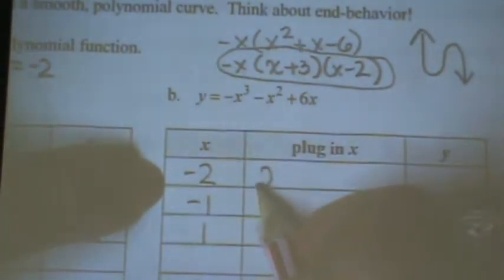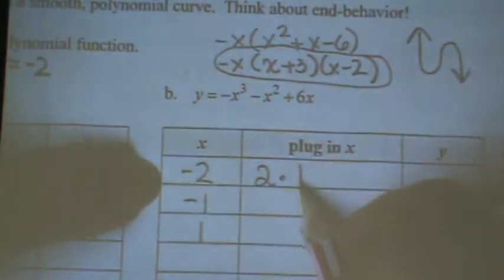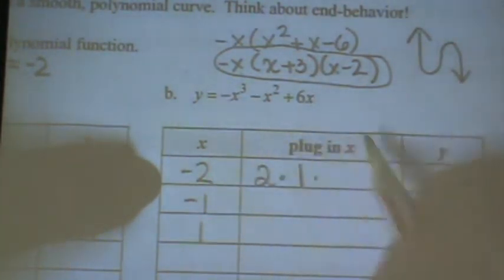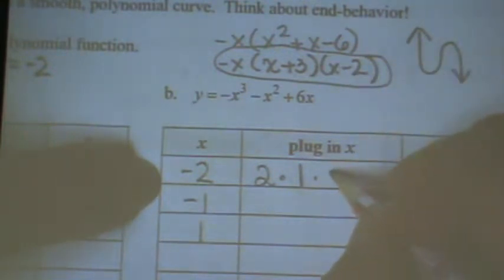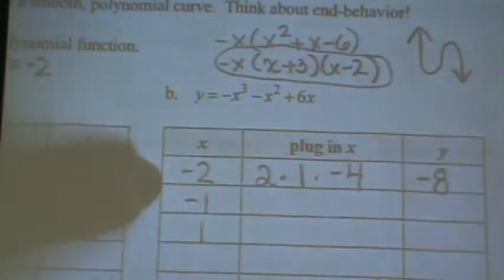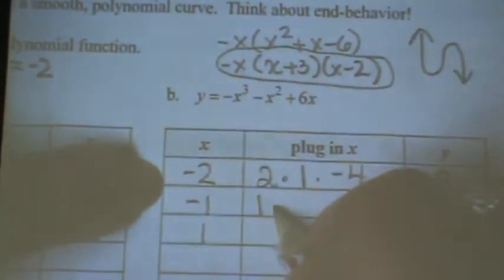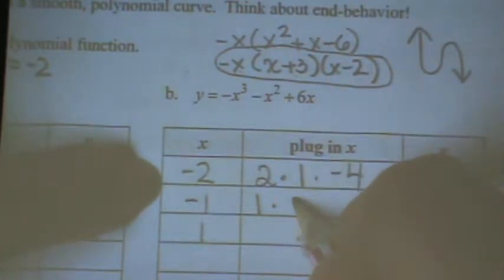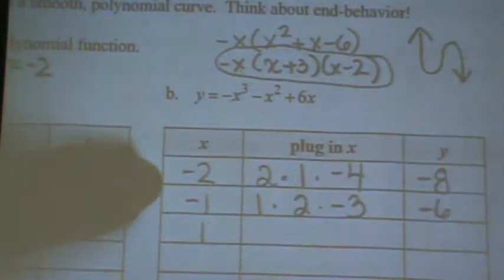It's a positive 2. 2 times, what's -2 plus 3? 1. And -2 minus 2 is -4. So what number do you get when you multiply those? -8. Does that make sense? Yes. How about -1? -1 with the negative there is going to be a positive 1, times 2, and then times -3, I get -6.